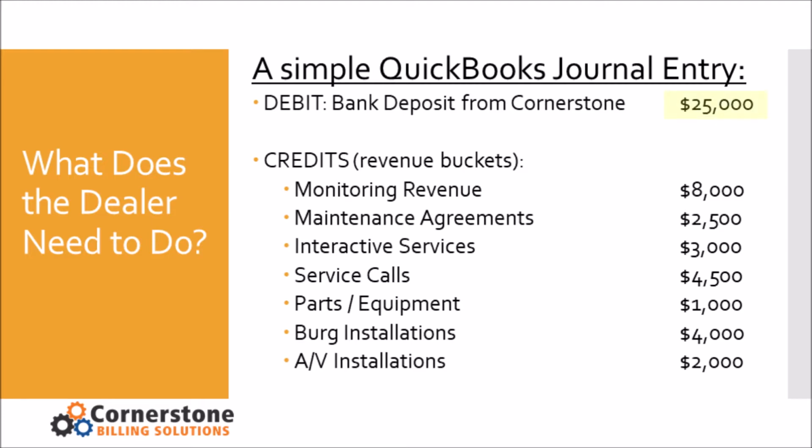So assuming, let's say, 25,000 came in during the month in those 40 to 50 batches, really all they need to do is take that 25,000. They can run a simple report in our software to do the allocation of those monies among the various revenue buckets that you see here. So very simple relative to having to do all of that stuff in-house. Massive time saver for our companies.